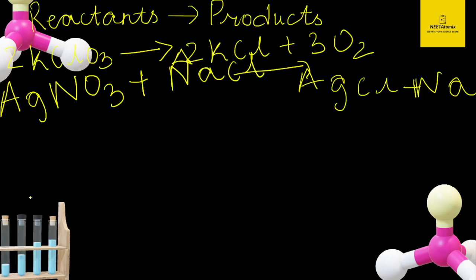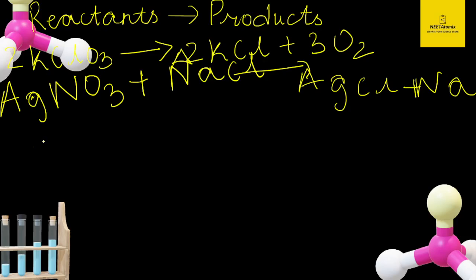All the neutralization reactions are irreversible reactions. So what is a neutralization reaction? Neutralization reactions are the reactions between a strong acid and a strong base to give salt and water.